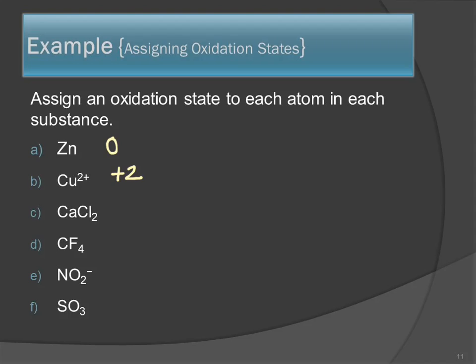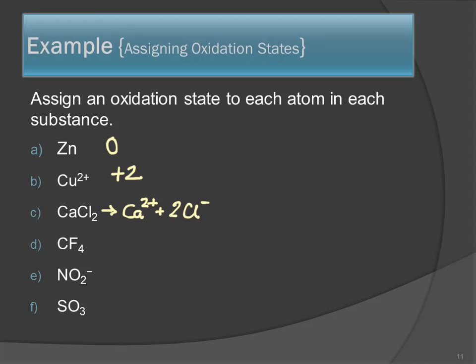Now we have calcium chloride. So calcium is a group 2A metal, which means it forms a +2 charge, right? So if we break this into ions, we get calcium 2+ and 2 chloride ions.